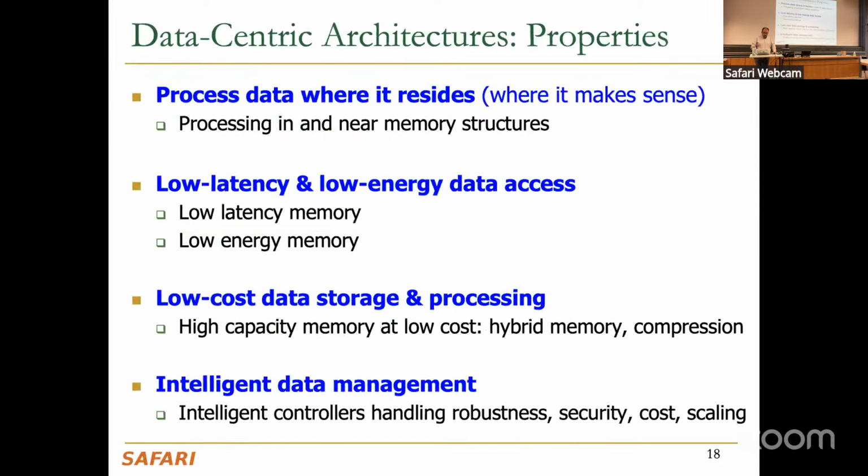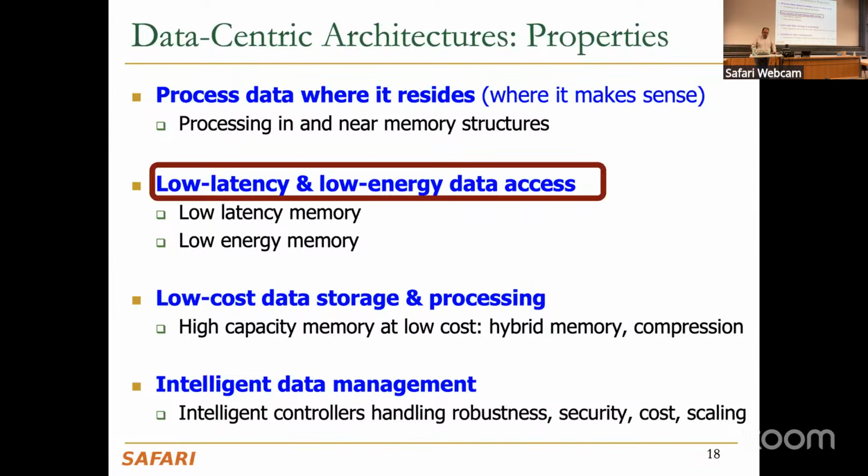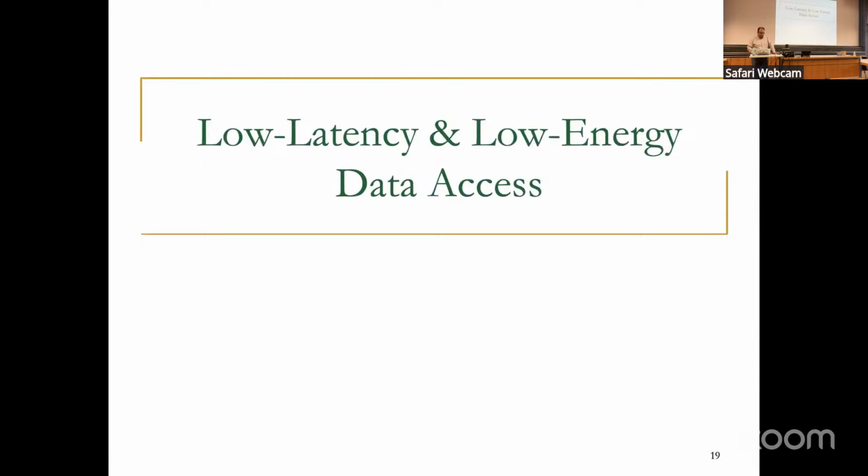Okay, so I don't want to go over data-centric architectures again, but one of the properties of data-centric architecture is low latency and low energy data access, which you can provide with low latency memory and also lower energy consumption memory. So essentially, we want to have low latency and low energy data access.